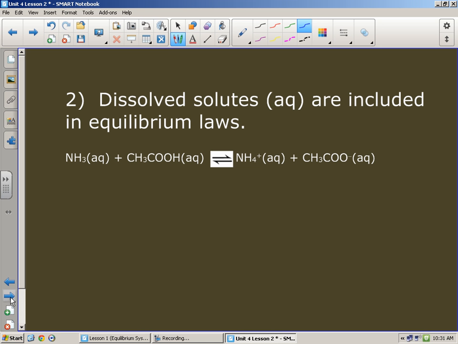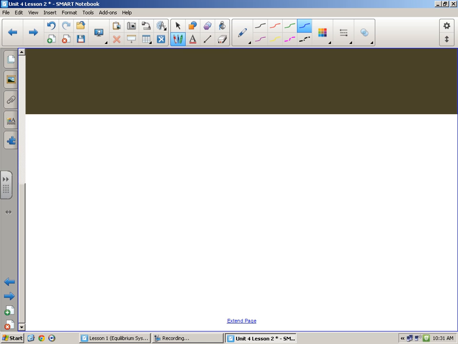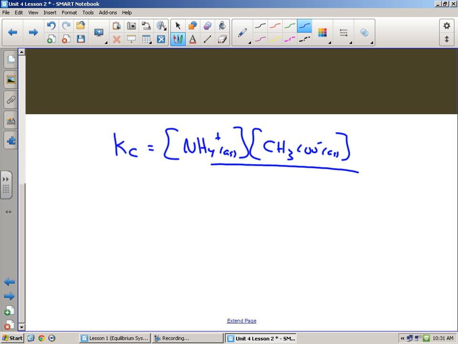Dissolved solutes, so aqueous solutions, are included in equilibrium laws. So if we take a look at this one here, our equilibrium law would look something like this. Kc is equal to NH4 plus aqueous, CH3COO minus aqueous, all over NH3 aqueous, and what is it?